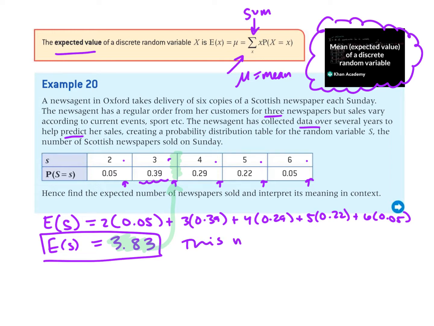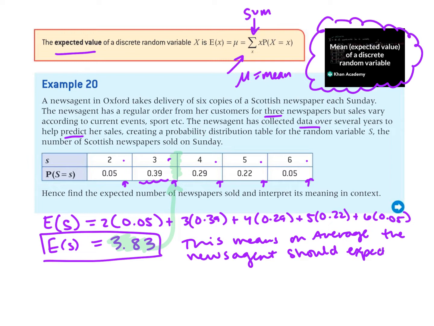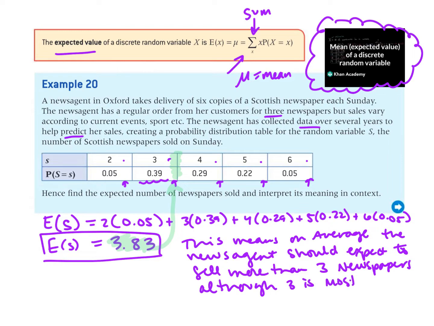So I'm going to say this means on average, because it's dealing with averages, the newsagent, again, this is like an antiquated thing, should expect, it's about expecting, to sell more than 3 newspapers, although 3 is most likely, because 3 is 39%.